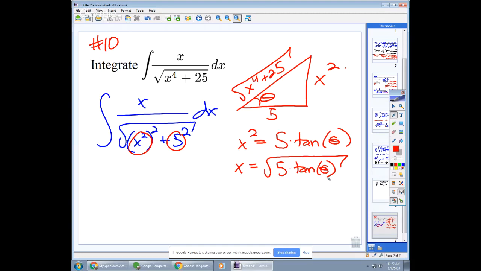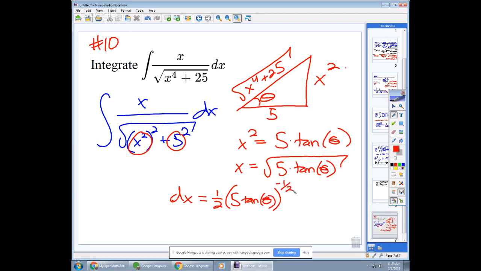And then dx is going to require the chain rule. So need a little space. Dx is take the derivative of the square root. Well, that's the power 1/2. So that's going to be 1/2 times whatever was inside, 5 tangent of theta to the power negative 1/2, right?